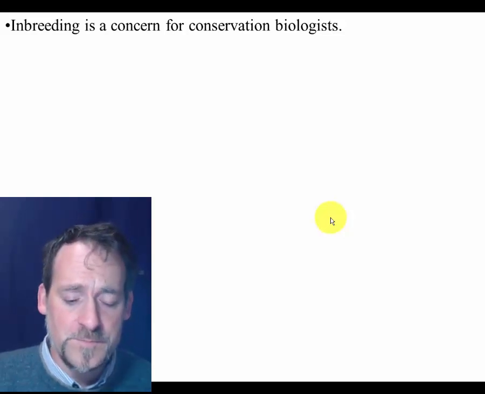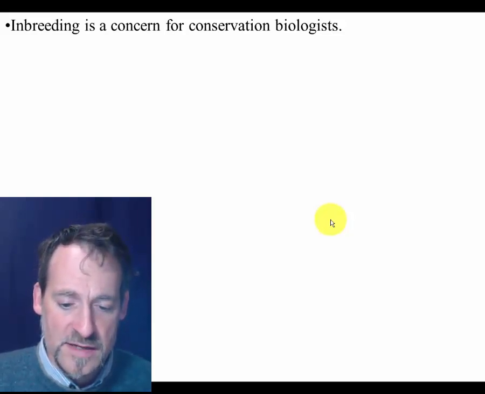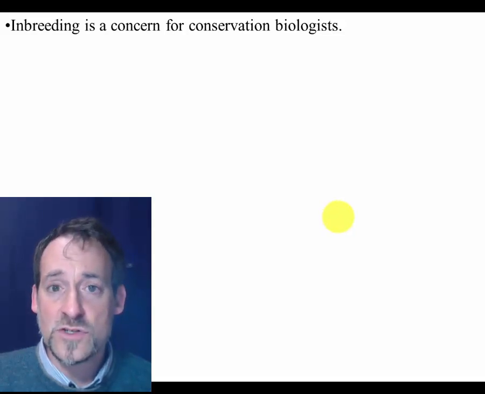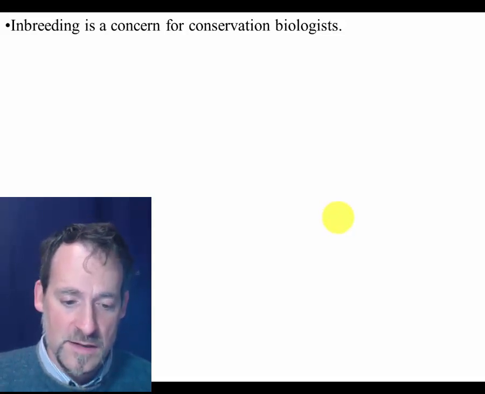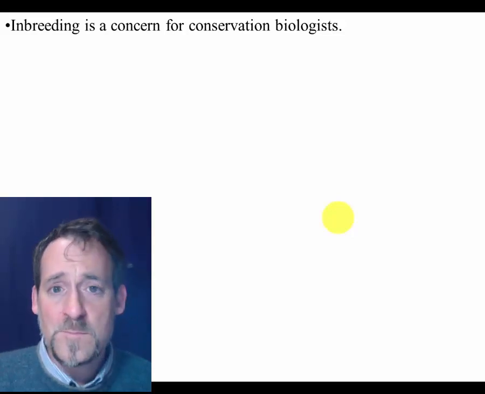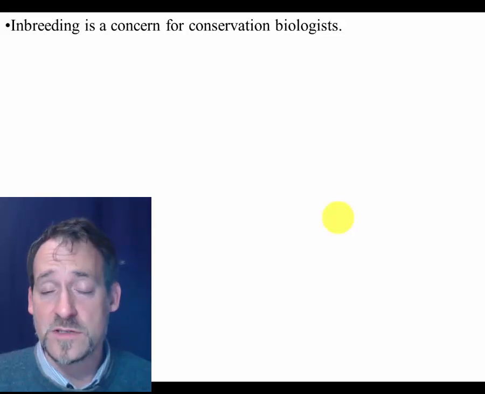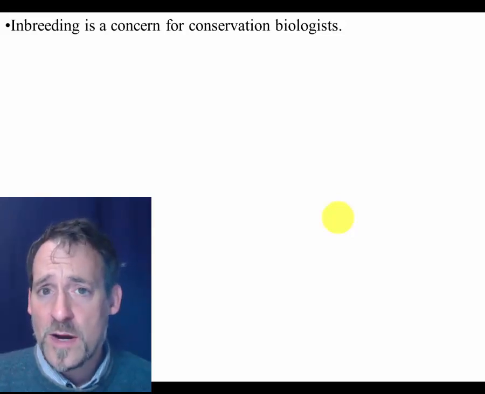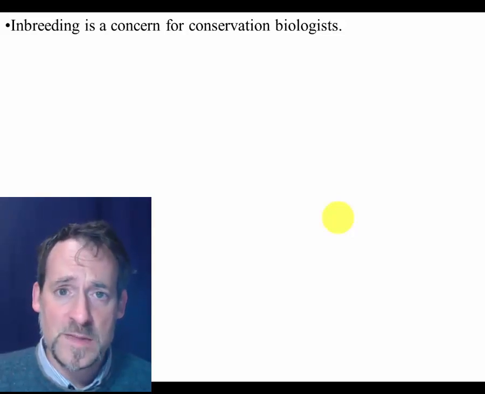Conservation biology is a branch of biology that is behind conserving, or protecting, endangered or threatened species in the wild. And many times, because these organisms are endangered or threatened, you're talking about populations that are very small.